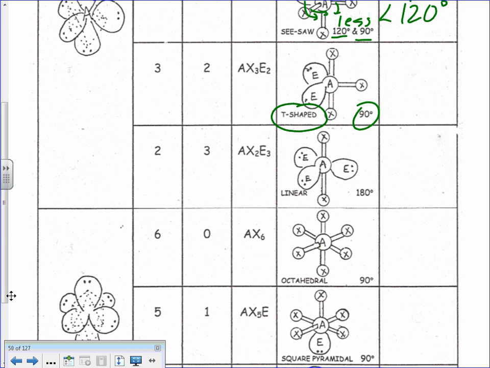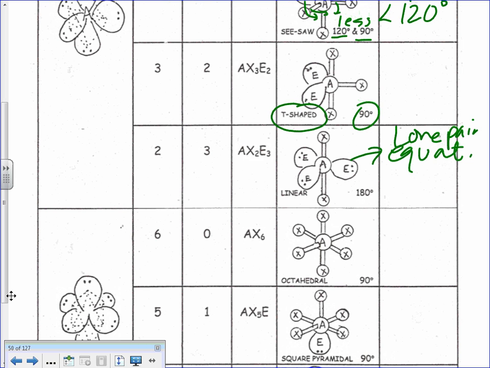And then they'll be at 90 from the axial. So that's going to take on a linear shape. This is linear. It's not a 2 electron domain linear. It's not a 4 electron domain linear. It's a 5 electron domain linear. So in this case, 3 lone pairs are in the equatorial. So lone pairs are equatorial.